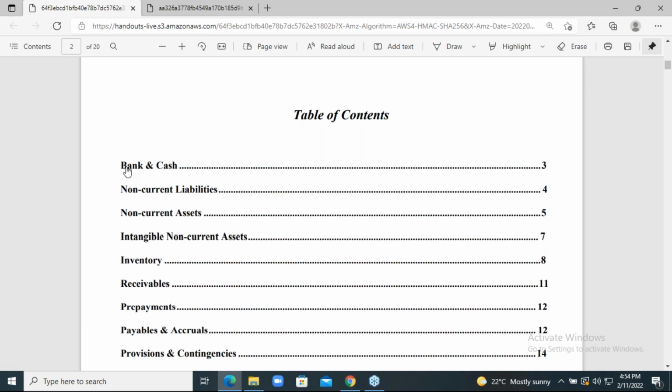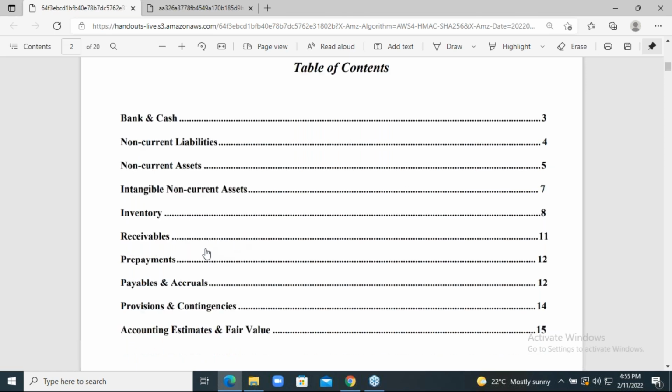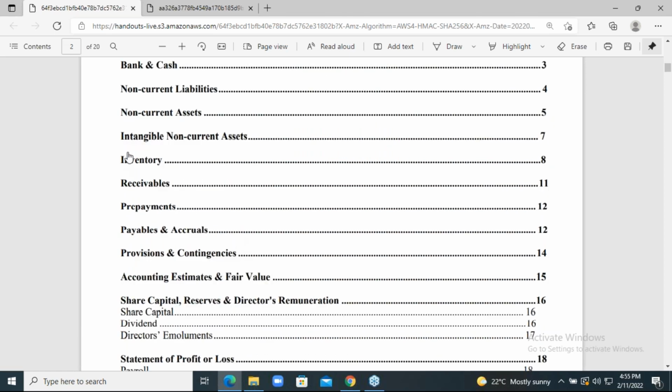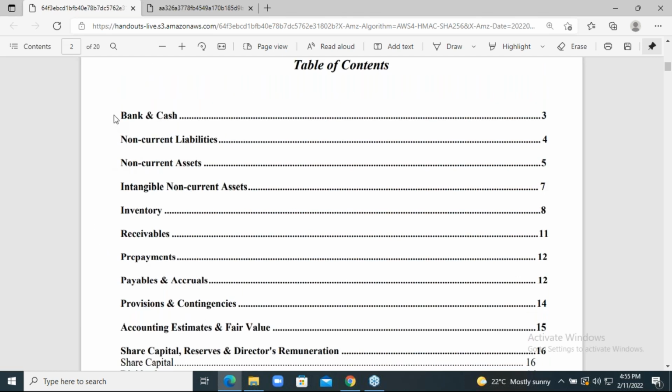You are going to write all these procedures for the 4 heads from bank and cash to intangible non-current assets. So by doing this, every day you are going to add 1 new head, but after memorizing it, you should at least try to write all the heads from your first day, all the heads you have covered.